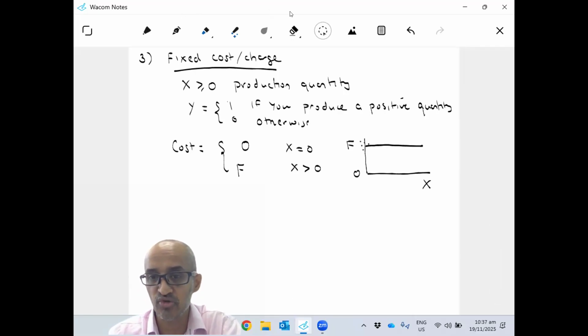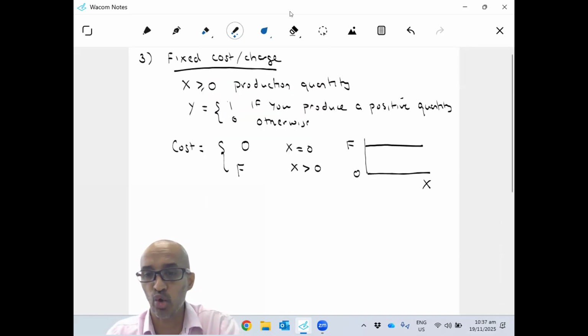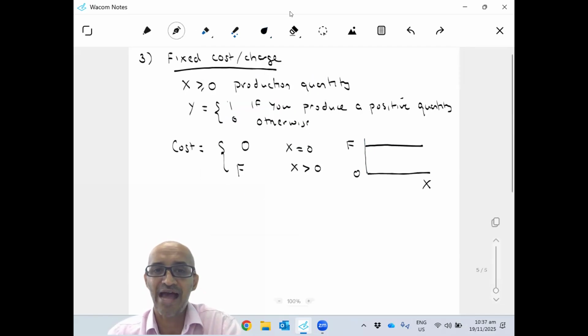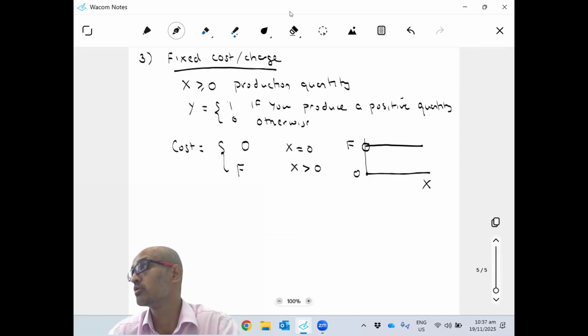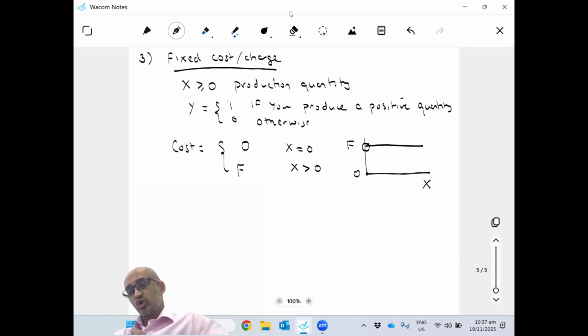It's discontinuous at 0, a breakpoint, because at 0 the way the function behaves has nothing to do with how it behaves close to 0. But this can be modeled with integer variables. So how can you model something like this in your optimization problem?